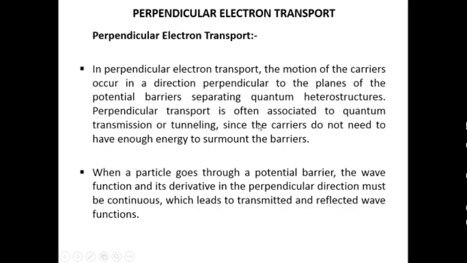Perpendicular transport is often associated with quantum transmission or tunneling because the carriers do not need to have enough energy to surmount the barriers. When a particle goes through a potential barrier, the wave function and its derivative in the perpendicular direction must be continuous, which leads to transmitted and reflected wave functions.